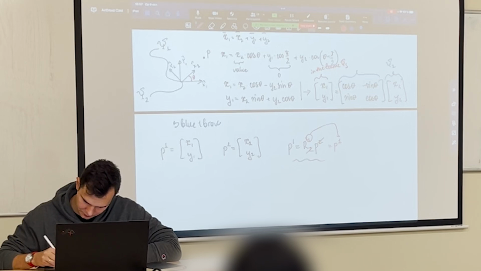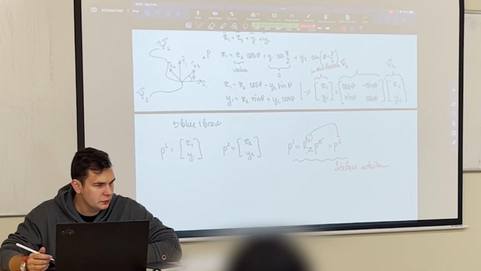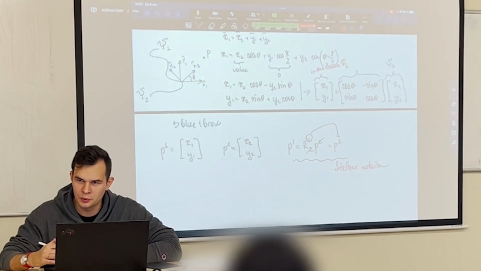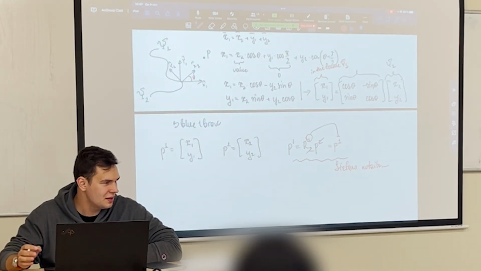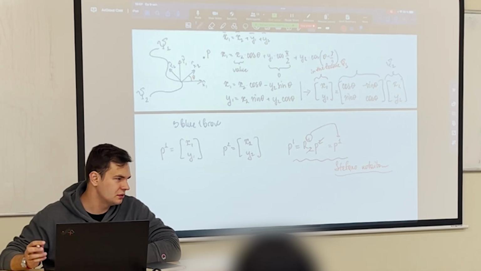This is Stefano's notation. Lynch uses a different one. Featherstone uses the third one. Mark Spong uses the fourth one, etc. This is something which is called Einstein notation.